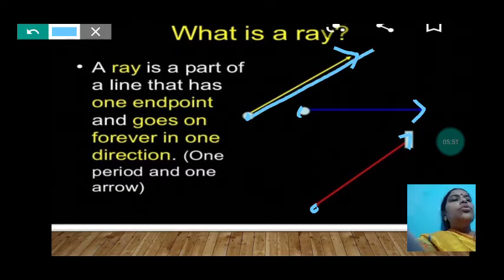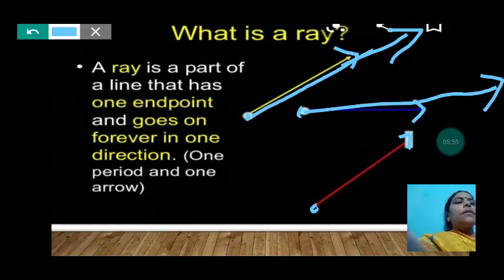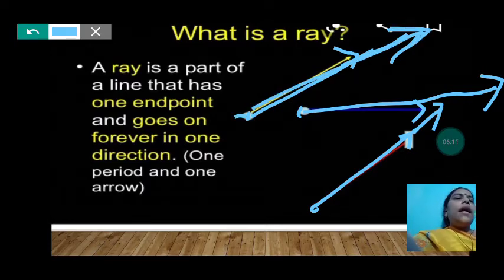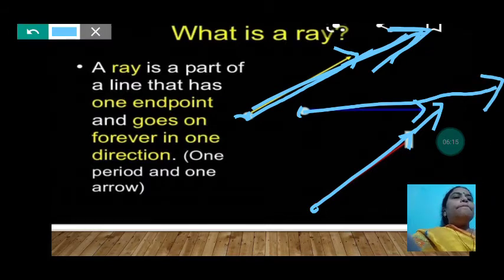It is not going to stop, it is going to move further, far and far and far. So it has one point and one arrow. One point here and an arrow, and that represents your ray.